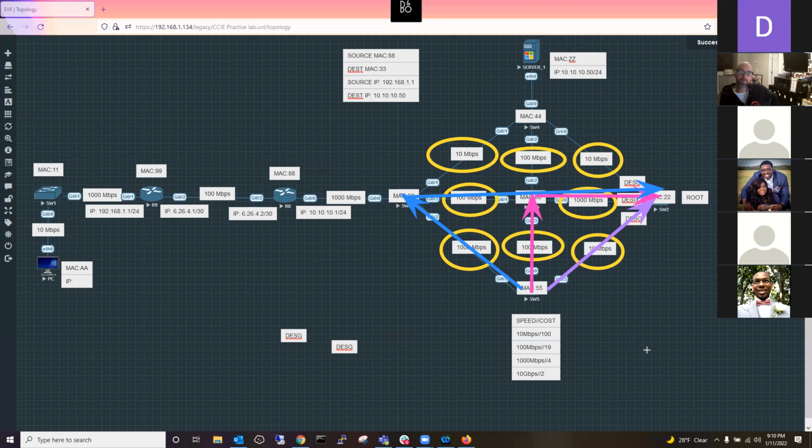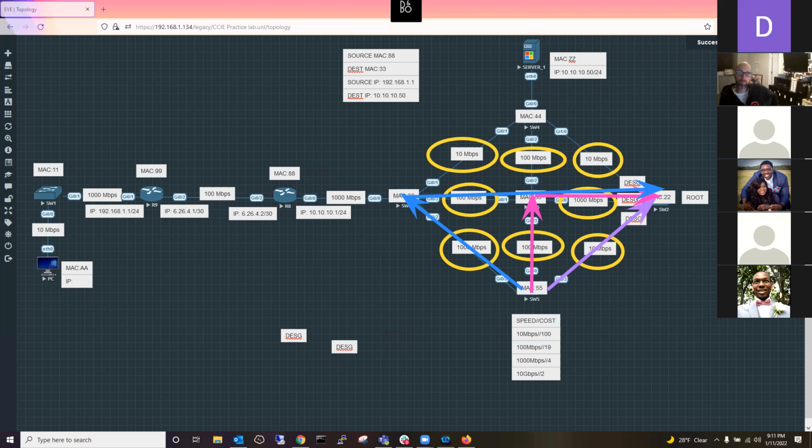But mathematically, we already know we can choose between a 10 meg and 100 meg, right? We know that the 10 meg link is going to be 100 right out the gate. You get that? Yeah, I do. So that 100 meg link, what kind of cost do we have associated with that? It's going to be 19.